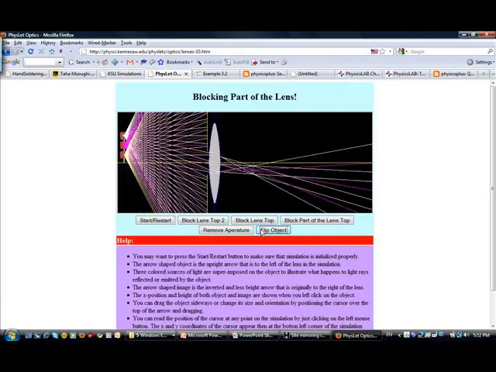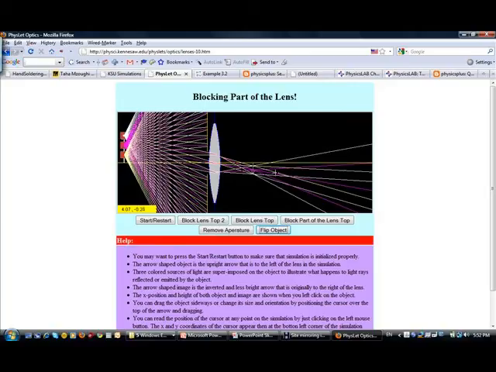The idea here, whenever we block part of the lens, any part of the lens that's available for light to pass through is going to do the job and produce an image. The only difference is the more of the lens we block, the less bright the image is.